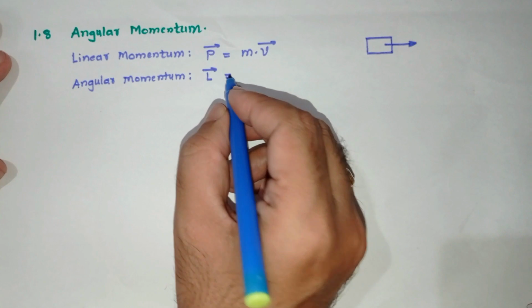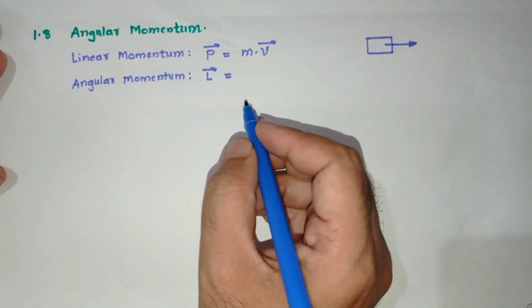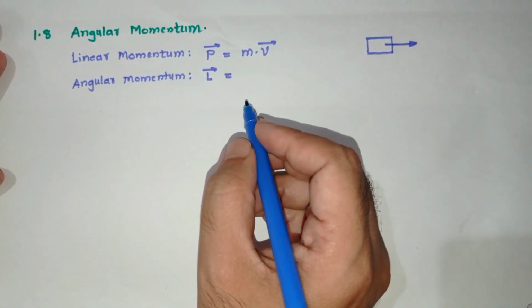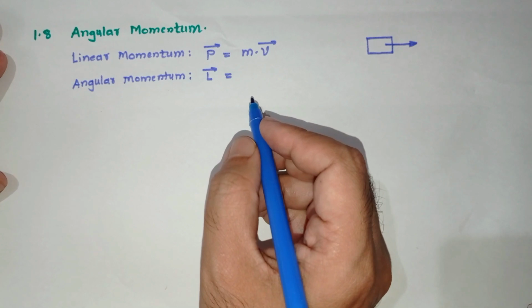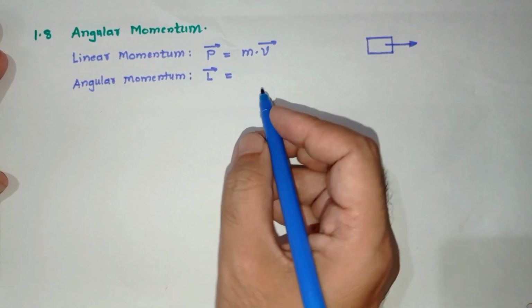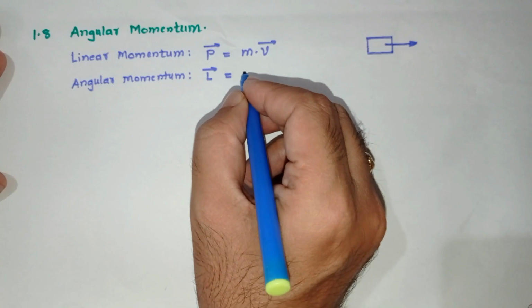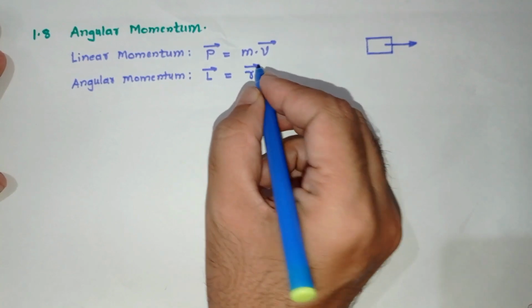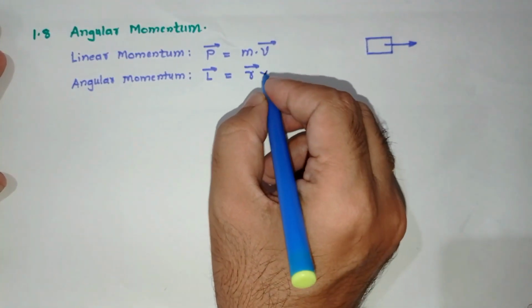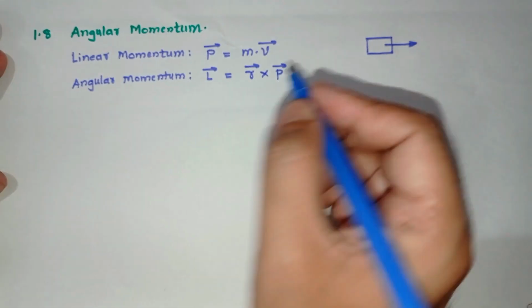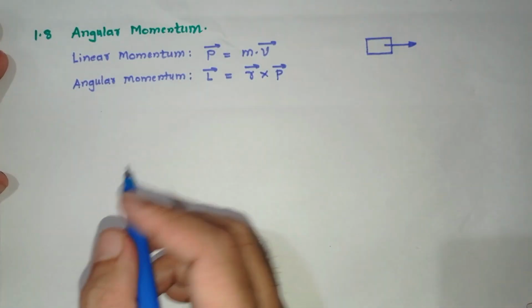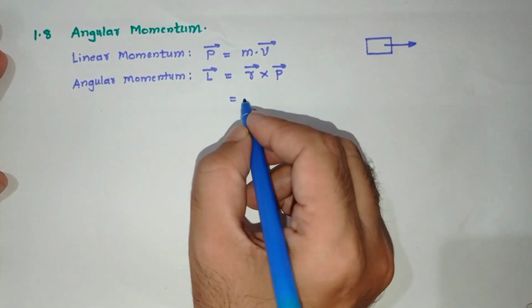It is equal to the product of linear momentum and its perpendicular distance from the axis of rotation. So angular momentum is written as r cross p, where p is the linear momentum.